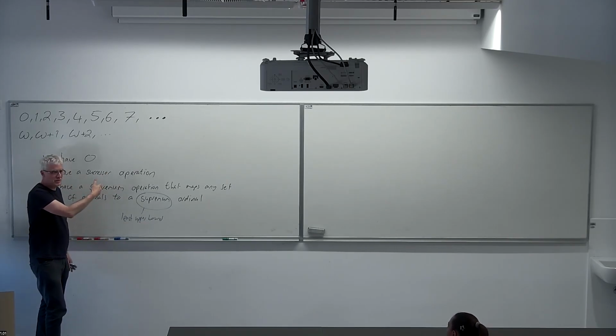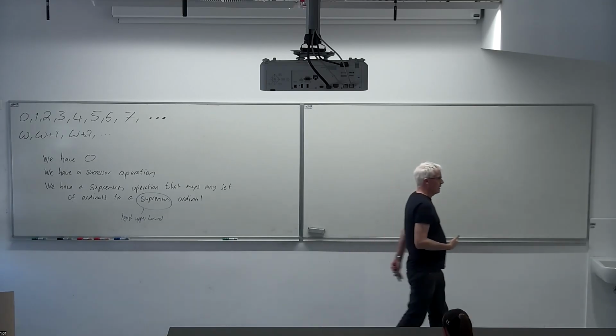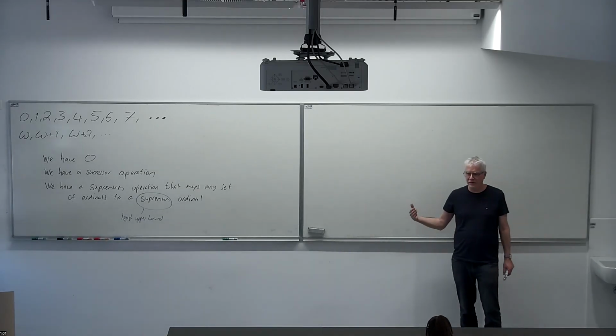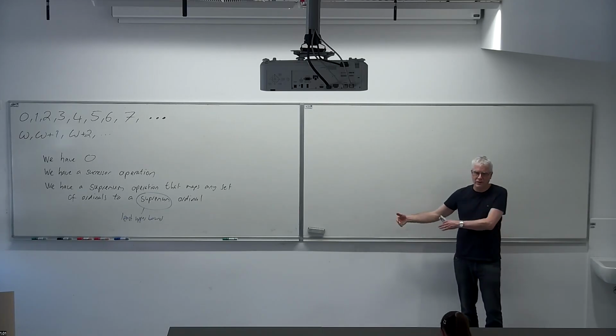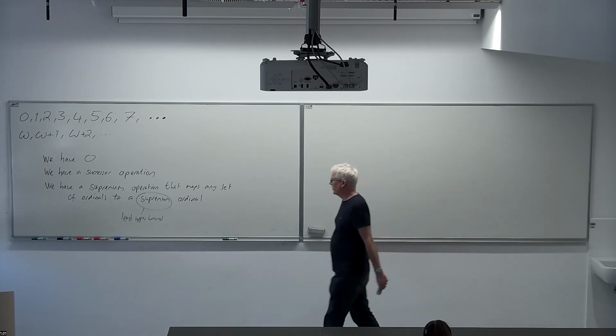So that's the approach I'm going to do. I'm going to do an axiomatic account of what the ordinals are. But later on, we'll look at how they can be defined as special sets. So we'll also look at, if you like, the standard textbook approach.